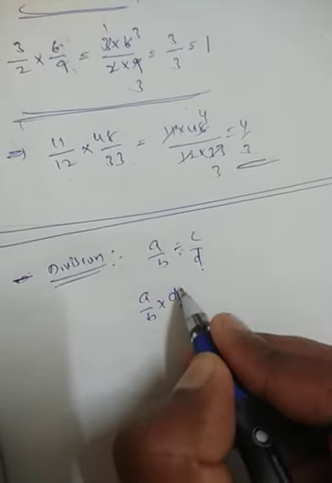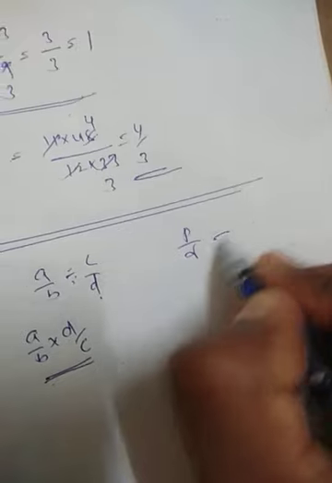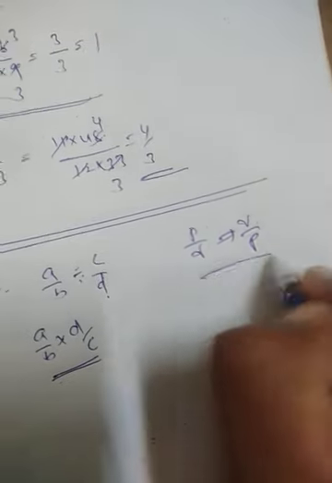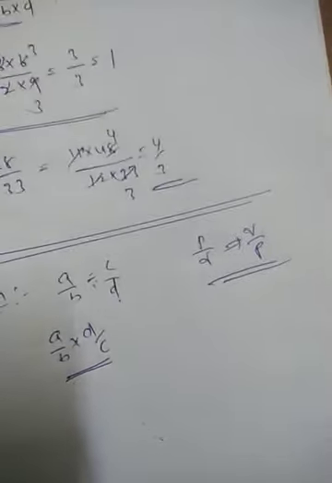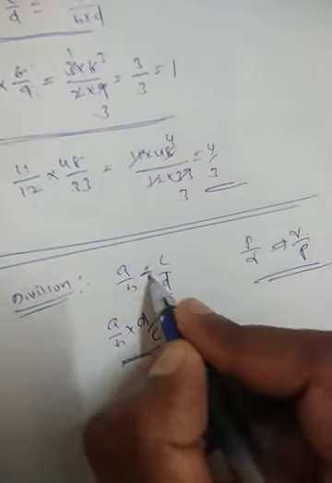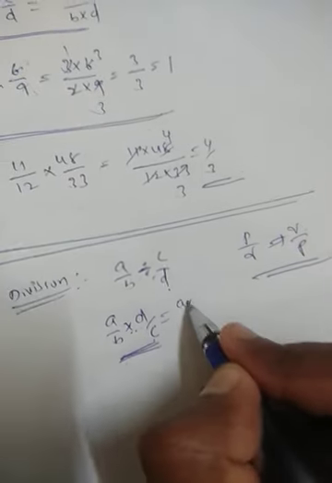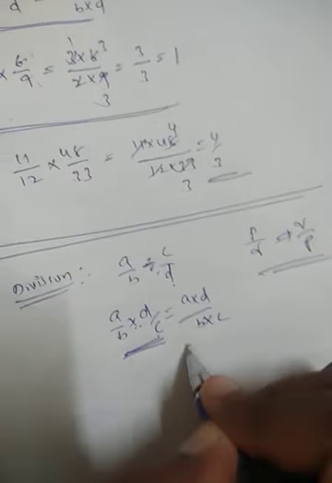Division by a number is multiplication by its reciprocal. Reciprocal means what? For example, p by q is one fraction. The reciprocal fraction of p by q is q by p. That means interchange numerator and denominator and vice versa. While you are dividing, division changes to multiplication. Now it will become a into d by b into c.